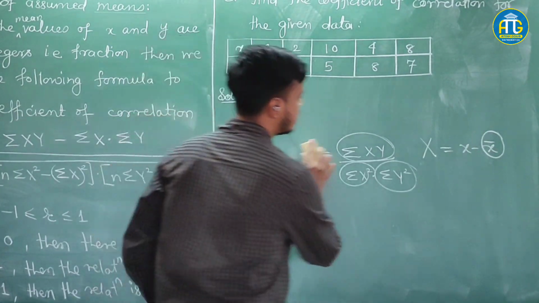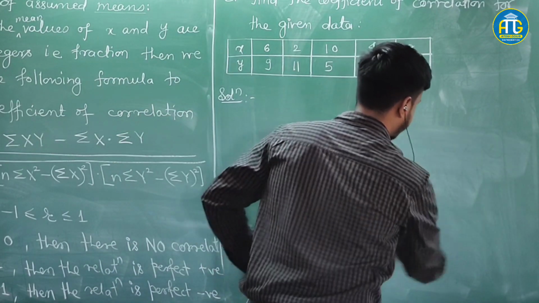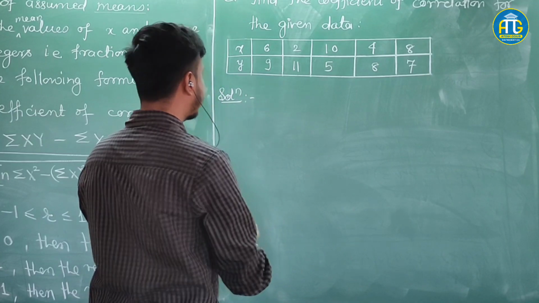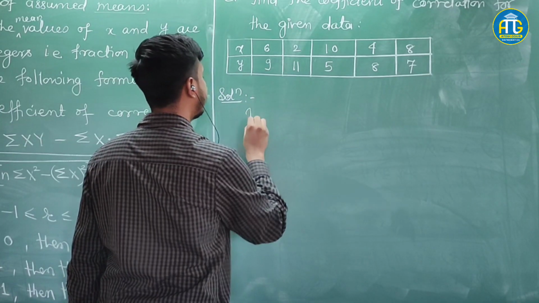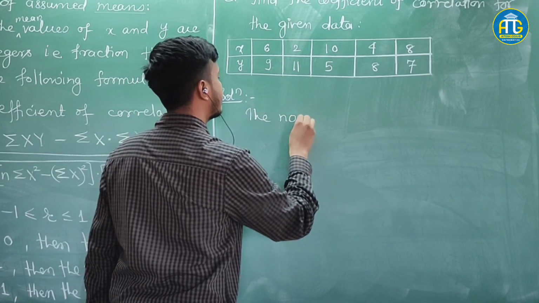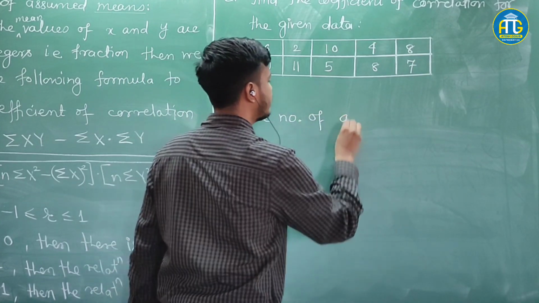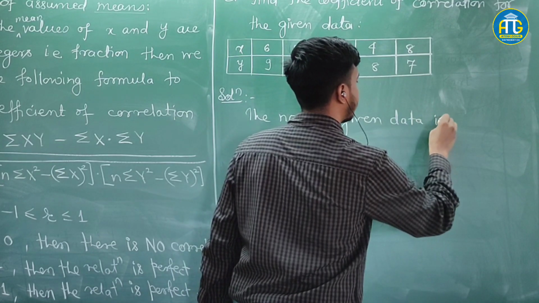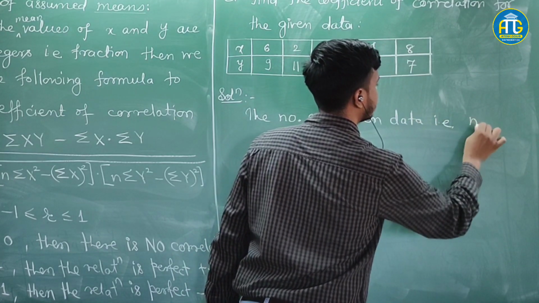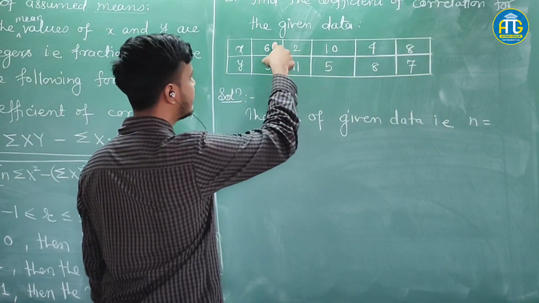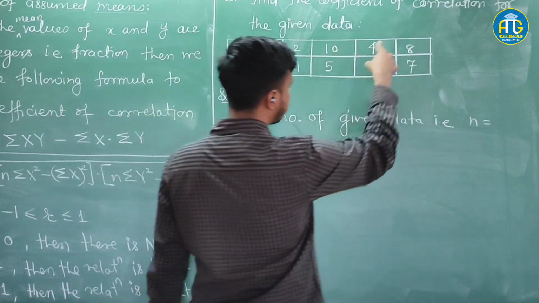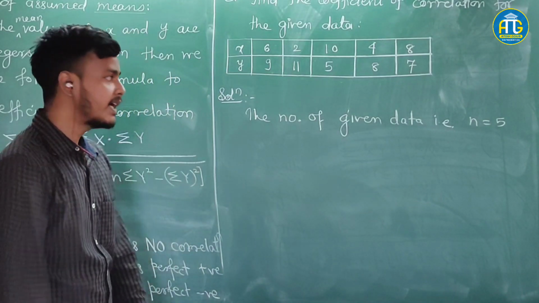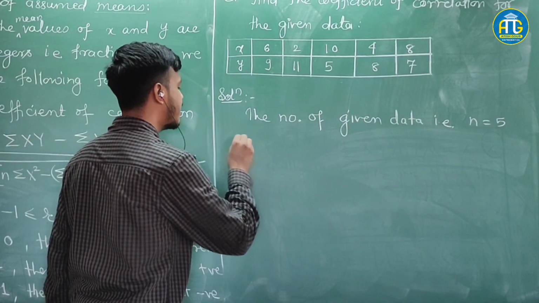Let us start with the mean. Before that, we will write down the number of given data, that is n. How many data are given? 1, 2, 3, 4, 5. Now let us find the mean.